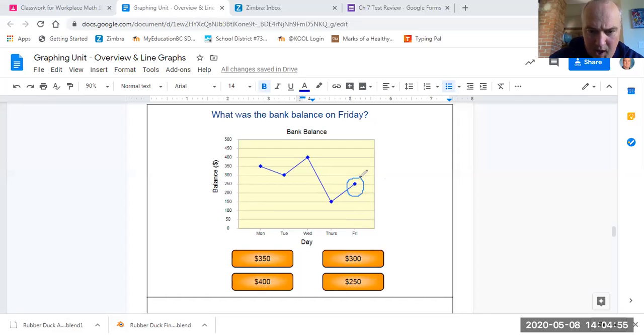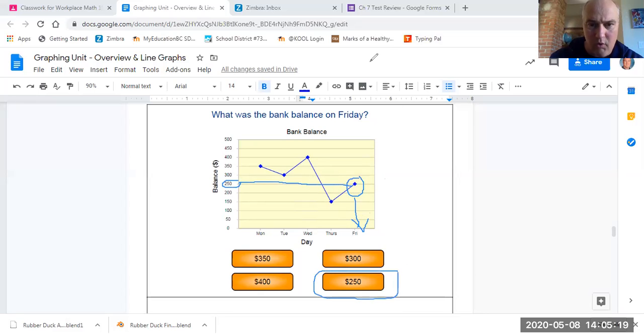This is Friday. How do we know that? Because this point lines up directly underneath Friday here. And when we look at the value that this lines up with, it looks like it lines up right with 250. And therefore, the balance on Friday must be 250. So the answer to this question would be this here. Hopefully that makes sense to you.